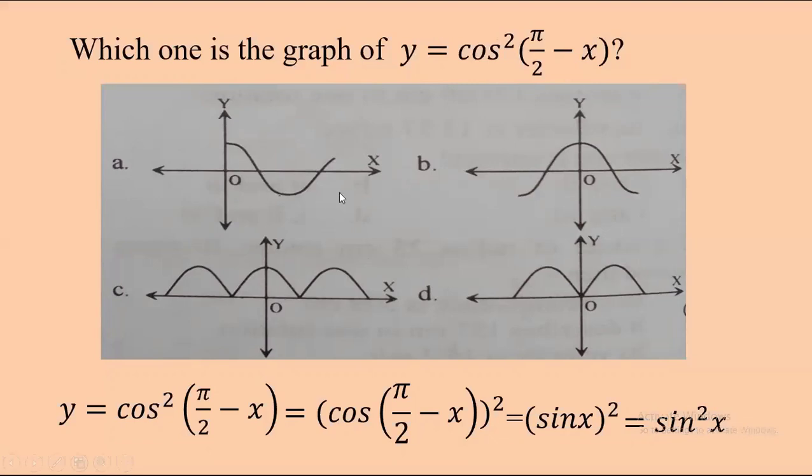Many of you could think, sir, for the cos square function, for 0 it is 1, and for this it is 1, but for a square this negative value is not accepted. So which one is correct? Option D is correct. Actually this is a graph of sin square x, and it passes through the origin, and for a square no negative value is accepted. So option D is the correct one.